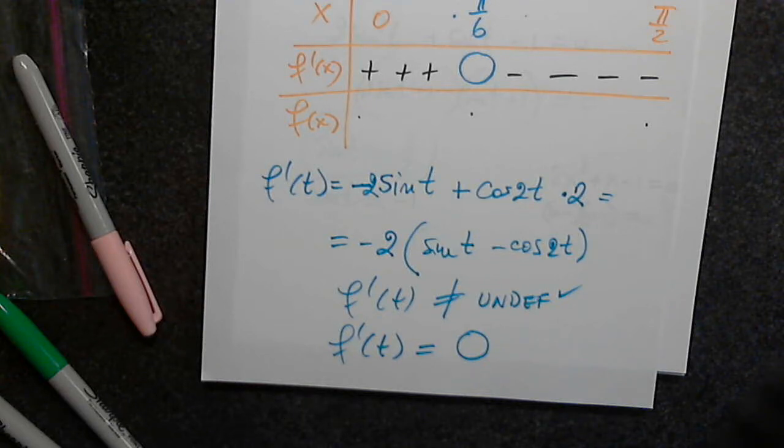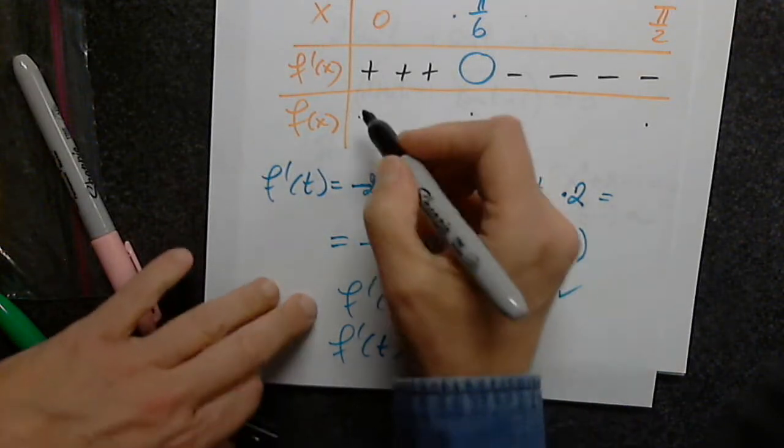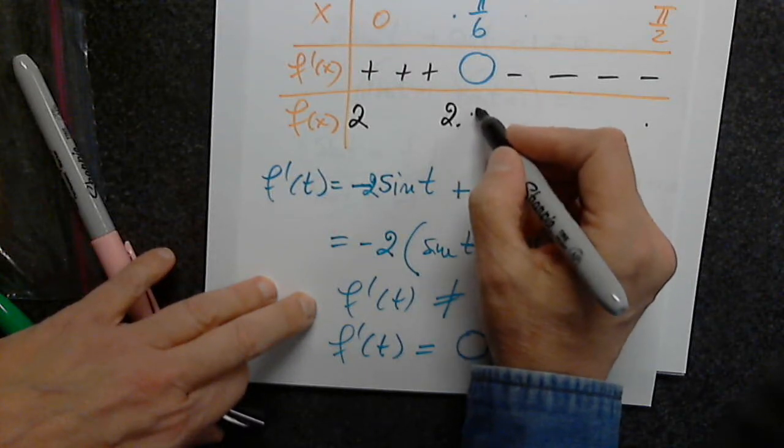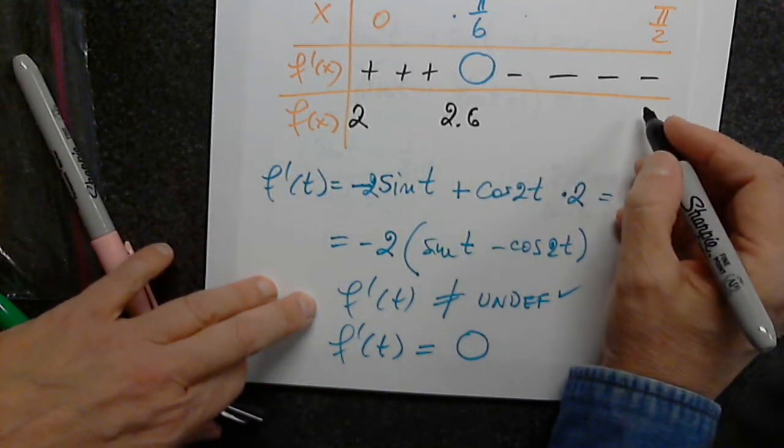I will have to agree with you. In order to be exact and correct, I should keep it without approximation. But if I want a graph, I have to have an approximation. So at 0 it is 2. At pi over 6 it is 2.6. And at pi over 2 it is 0.